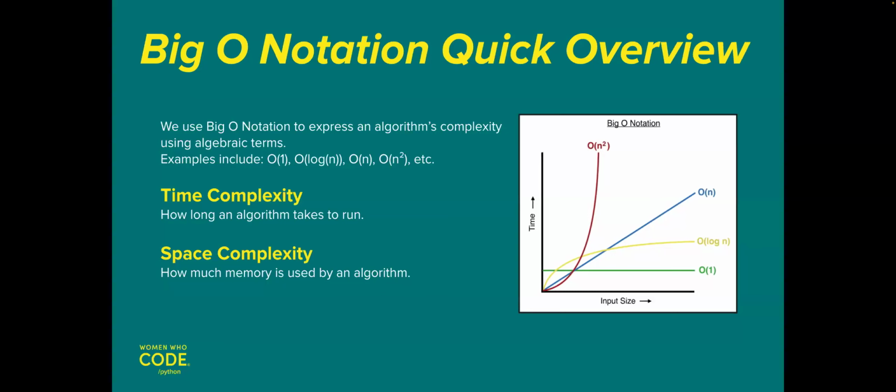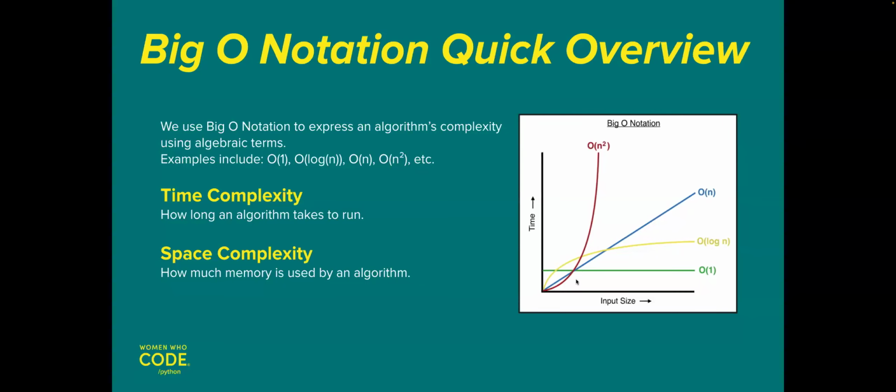Usually these are expressed using mathematical functions. So we have constant, which is O(1), O(log n), O(n), which is linear, and O(n^2), which is quadratic.